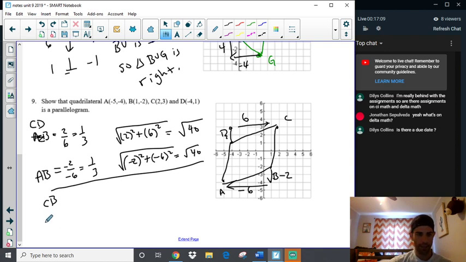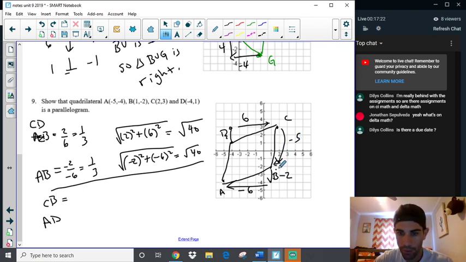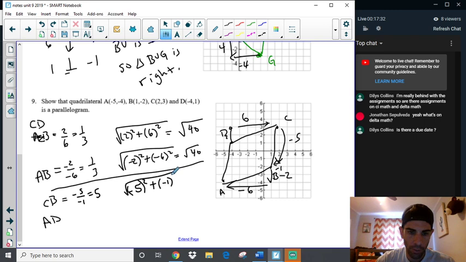CB and AD. For CB here, I would be going down 1, 2, 3, 4, 5, and to the left 1, which is slope 5. 5 squared and 1 squared is 26.